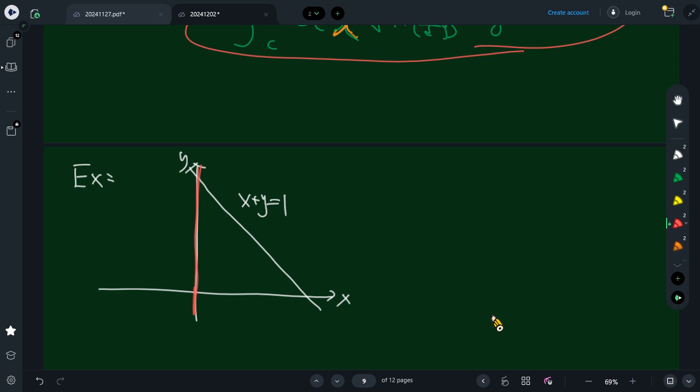Remember, if the revolution is about the y-axis, you need to change the function to x equals some function of y, so it will be 1 minus y.